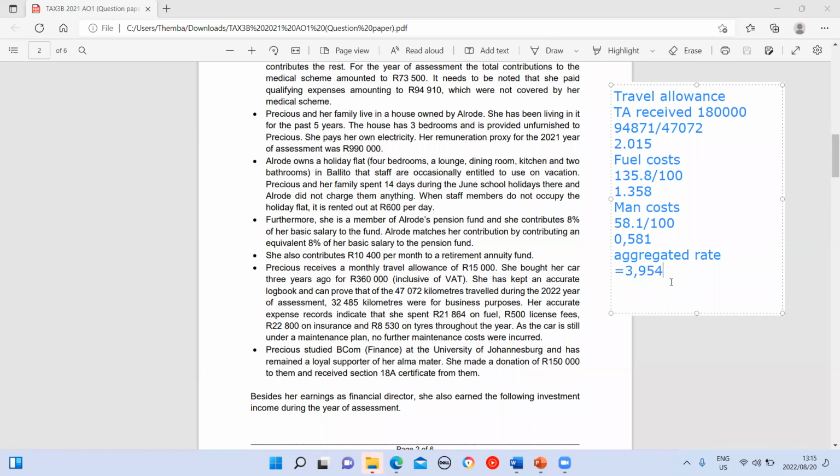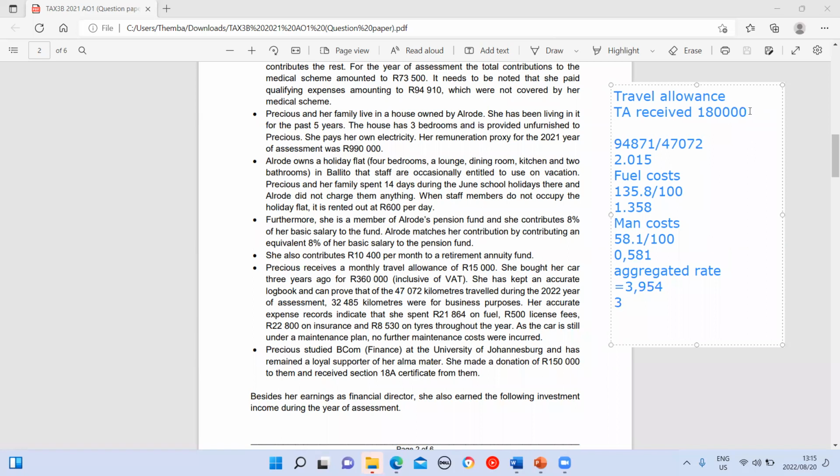So in terms of this 3.954, I did say that you'll multiply it by your business kilometers. What are your business kilometers? They are 32,485. Remember that we are calculating our deemed cost for business purposes here. I don't want you to get lost.